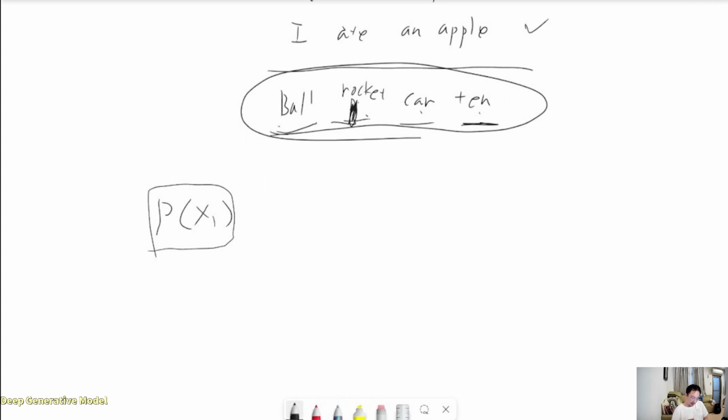So maybe you can have a table: the first word is this, with 3% probability, and the second is I, you, that, maybe 1%, 2%. This is just an example.